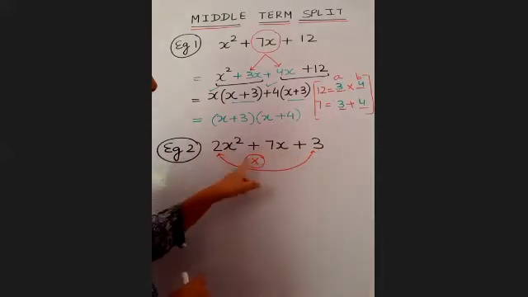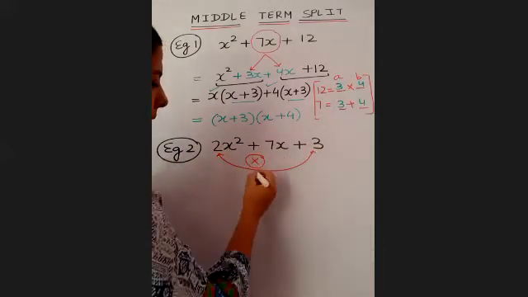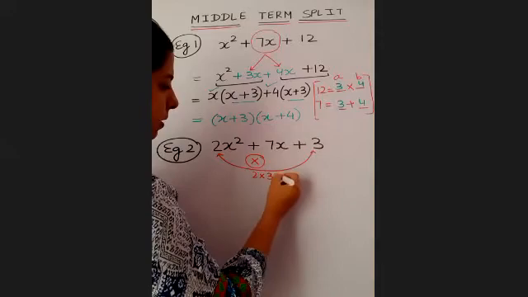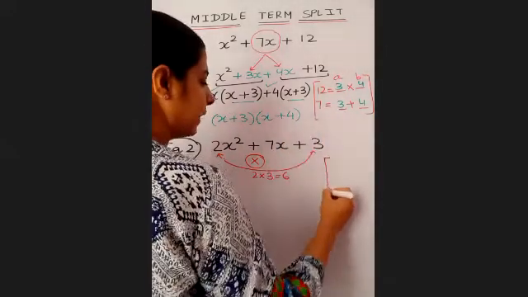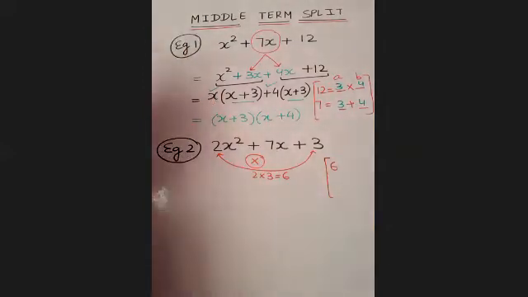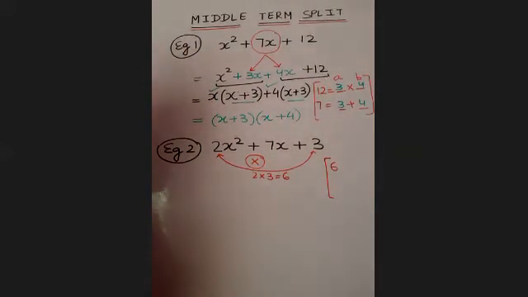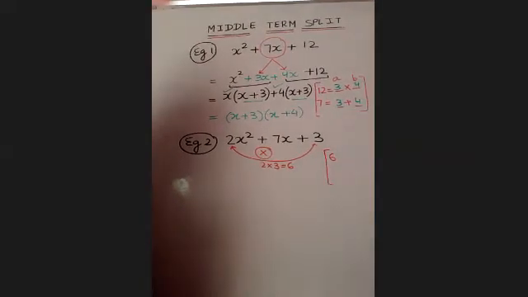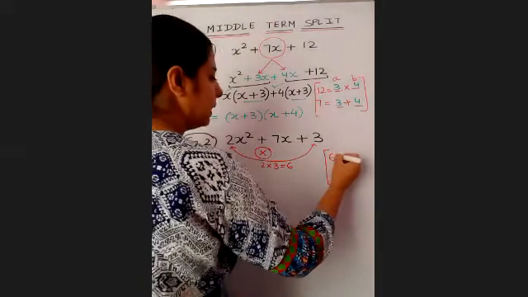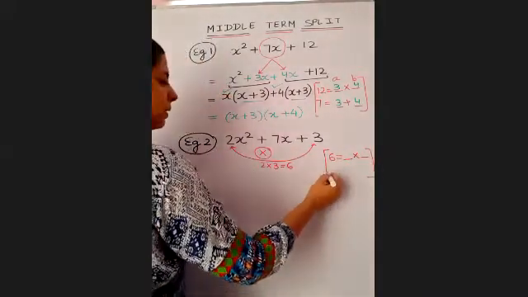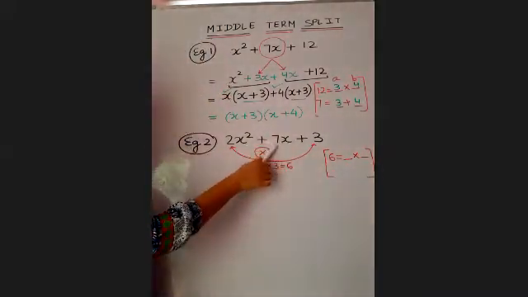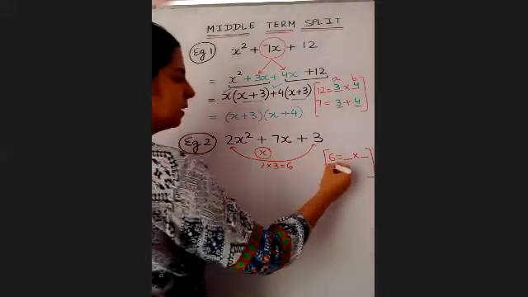3 into 2. Now, what is 2 into 3? 6. So, when you are factorizing, you will be factorizing 6. You need to look for two numbers on multiplying which you get 6, and by adding or subtracting, you should get 7.